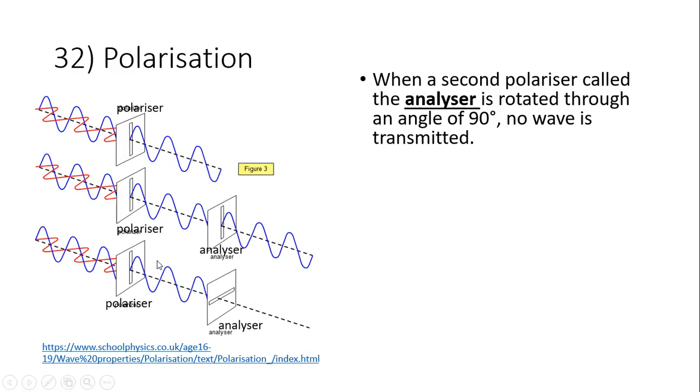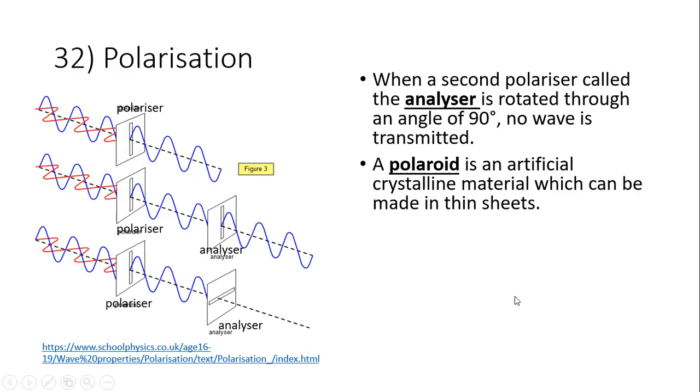Okay, this is vertically plane polarized. If it can still pass through, then it's not vertically plane polarized. It's unpolarized. A polarizer restricts the wave to only one plane of vibration. So if you have two perpendicular, it removes the other and nothing will come through. What is a polaroid? It's an artificial crystalline material which can be made in thin sheets. So for light, instead of a slot, we use a polaroid.